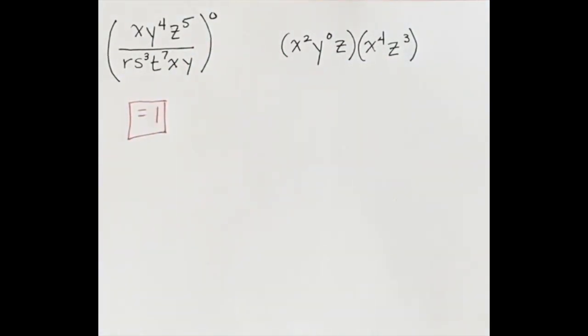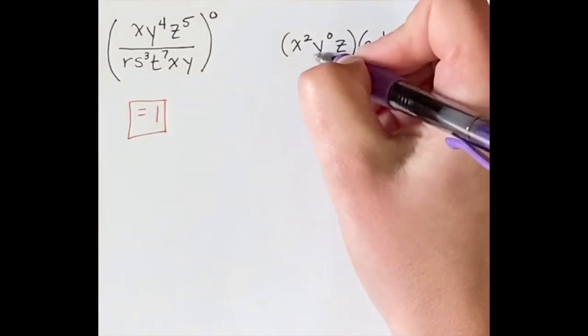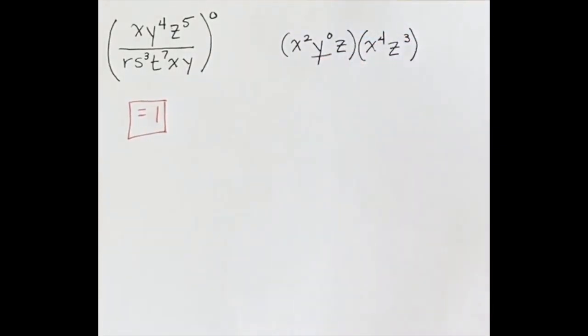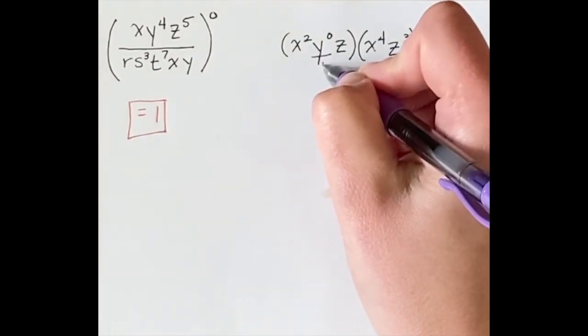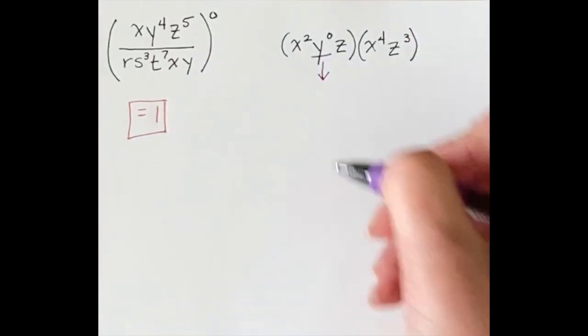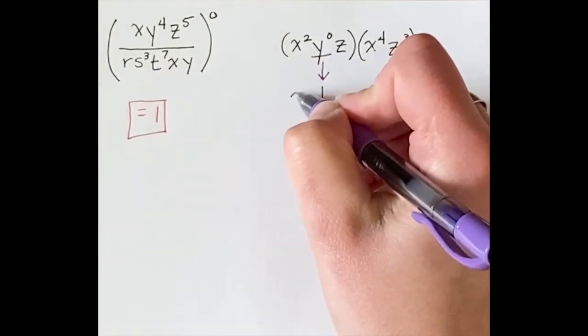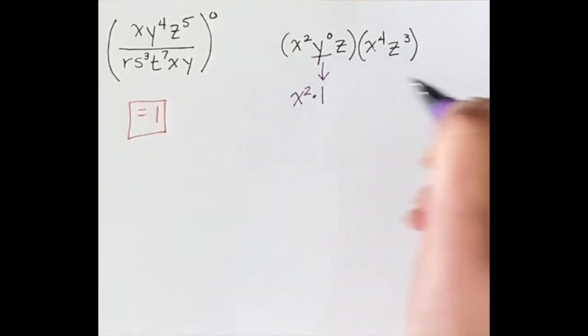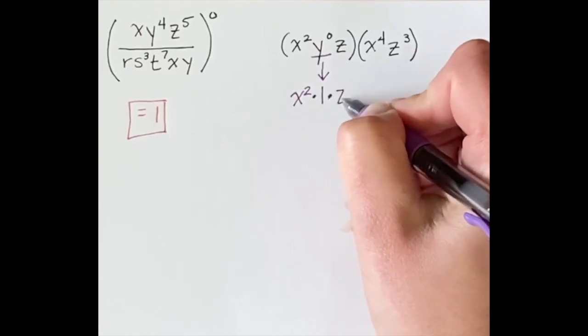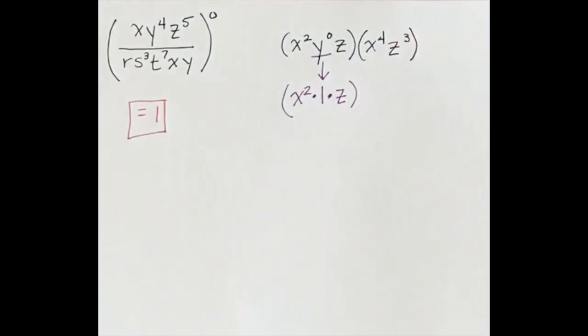So that one's nice. If we look at this one that's right next to it, this has a little bit of extra work for us. One thing we do notice is that this base of y has an exponent of 0, which means that y to the 0 power is just essentially 1. So we are looking at x squared times 1 times z in that first parentheses.